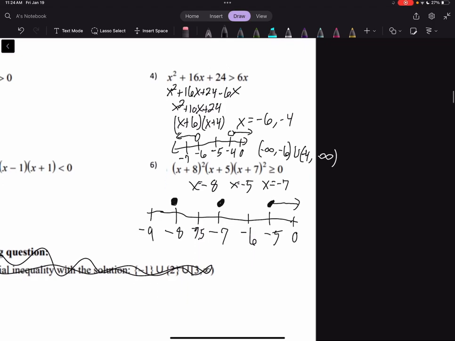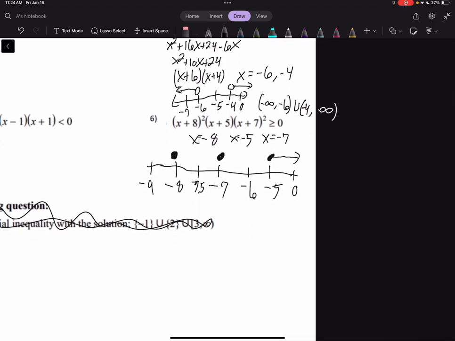For the next one, ready? Square bracket, negative 8, close square bracket, union, square bracket, negative 7, square bracket, union, square bracket, negative 5, comma, infinity. Those are my answers.